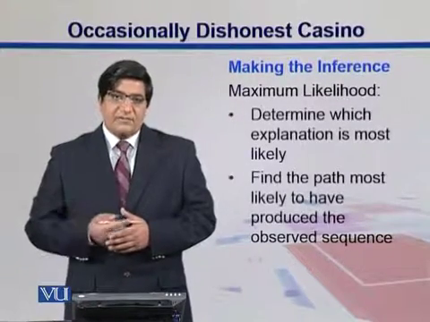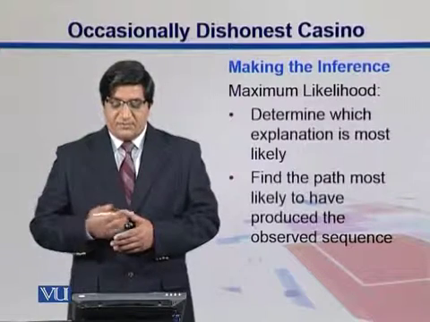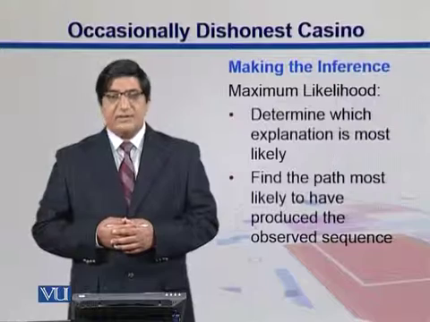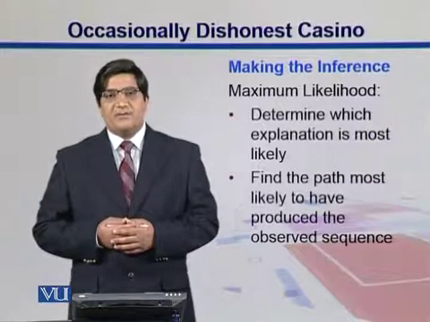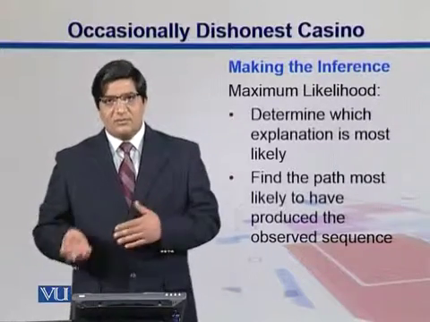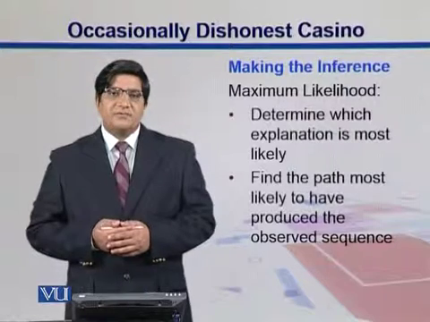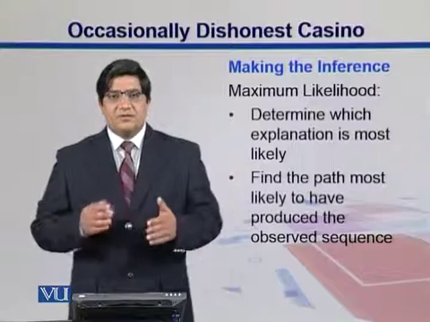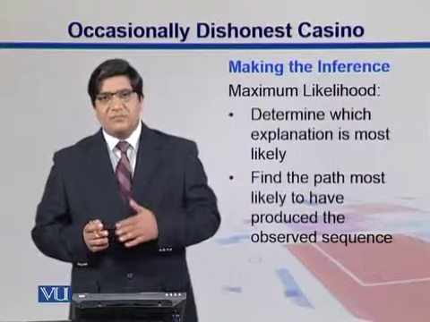While making inferences, we can also use maximum likelihood. We can determine which explanation is most likely, and then we can draw on different paths. When we talk about the different algorithms in hidden Markov models, we'll talk more about paths and the most probable paths.